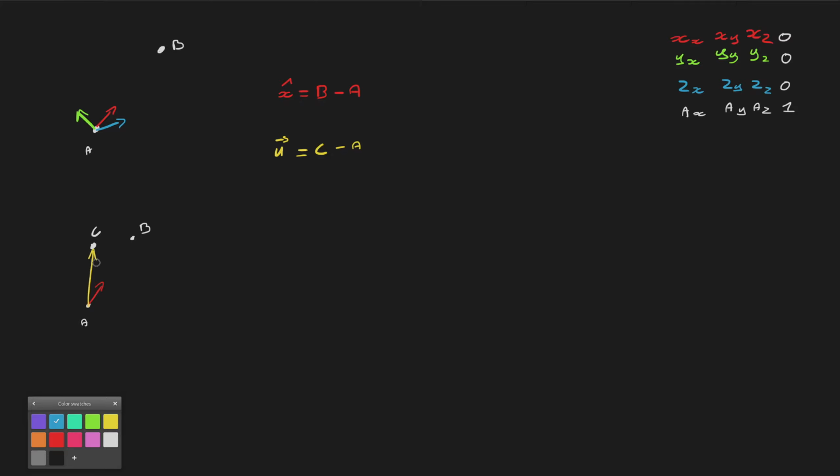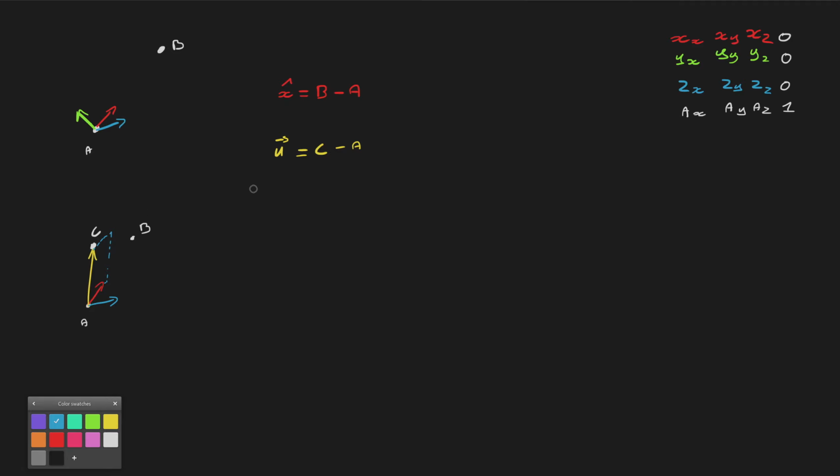The reason I was saying it cannot be collinear with X is that by having two vectors that are not collinear, we are defining a plane. So if I actually draw that a bit better, this is a portion of the plane that goes through U and X, and any plane has a normal, and that normal is our Z vector. Let's just draw it like that.